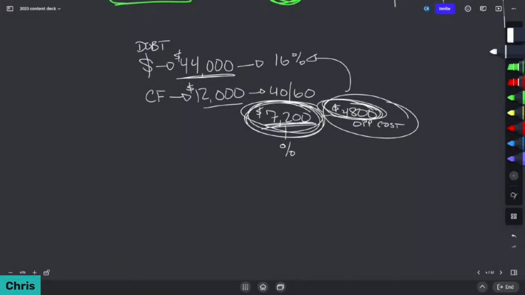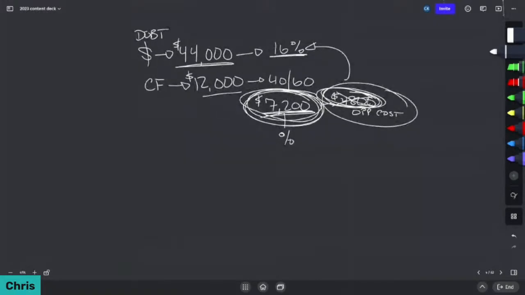And then you have to think about what is the opportunity cost of having this money you lose control of, and that $4,800 you're still paying 16% on during that period of time. You have to run the apples to apples conversion, right? That's really important.